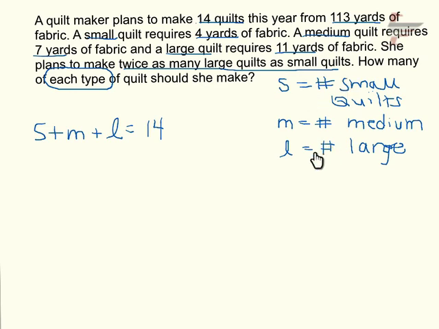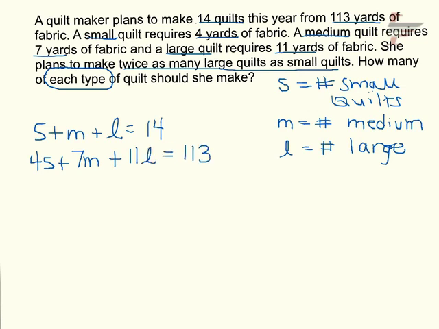So I can't just say that they total 113 yards, but I do know that a small quilt requires that many yards, medium and large, etc. So I can say 4S for 4 yards for a small quilt, plus 7M for 7 yards for a medium quilt, plus 11L will total 113 yards.